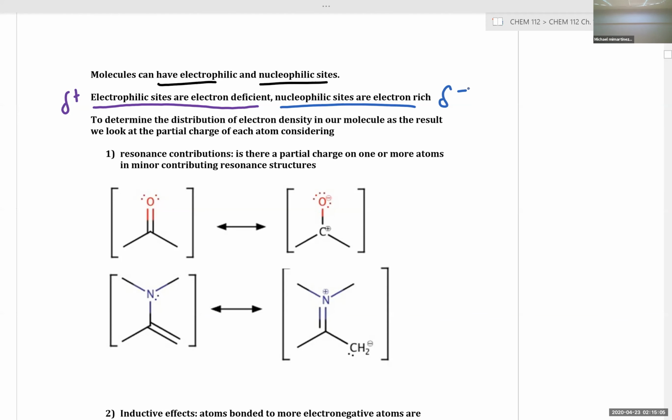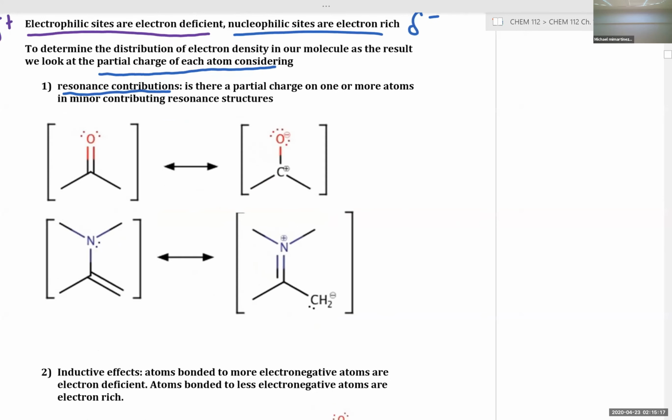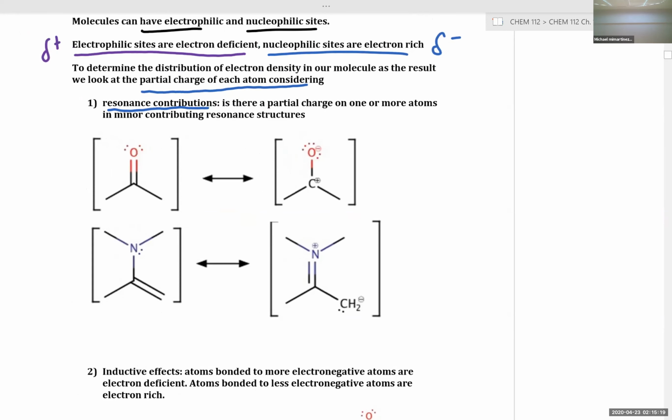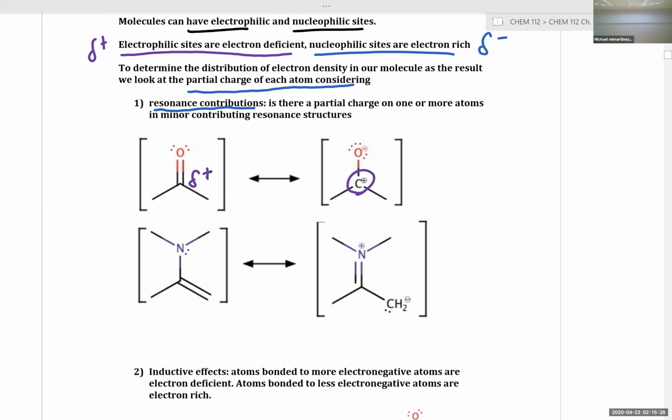So to determine the distribution of electron density, we'll look at the partial charge of each atom, considering number 1, resonance contributions. So in this case, when we think about our ketone functionality, we have a major resonance structure where there is a positive partial charge on our carbon. So we'd expect this carbon, for our ketone carbon, to be electrophilic.